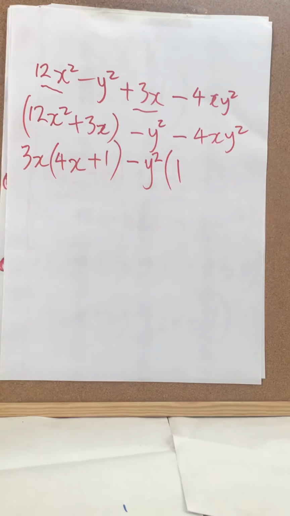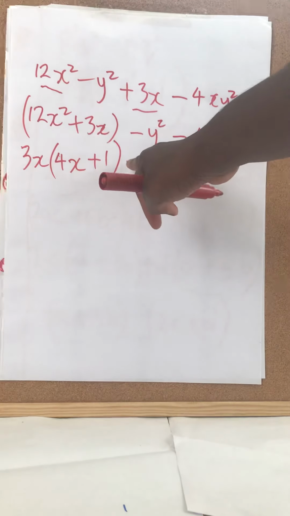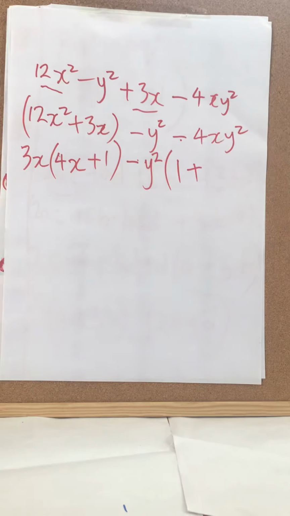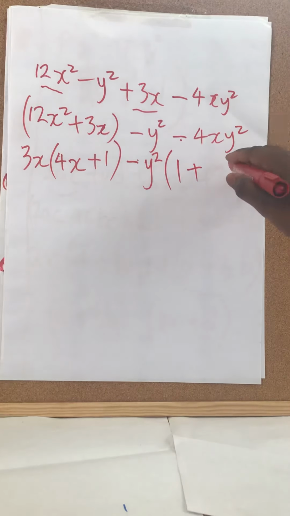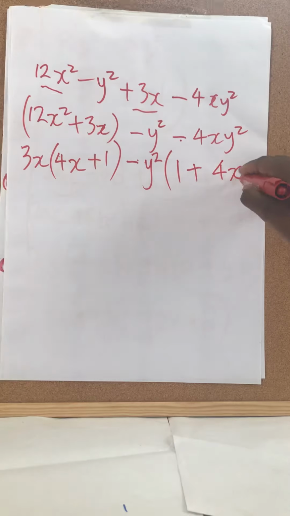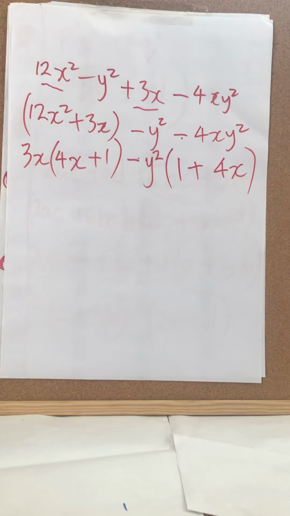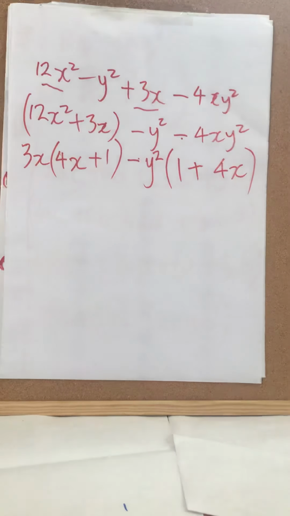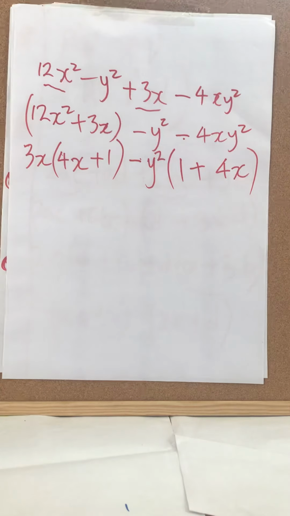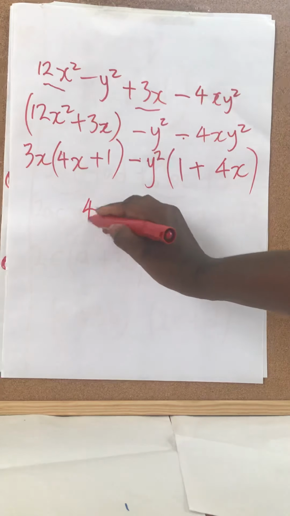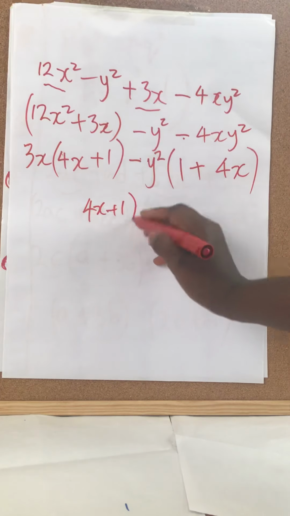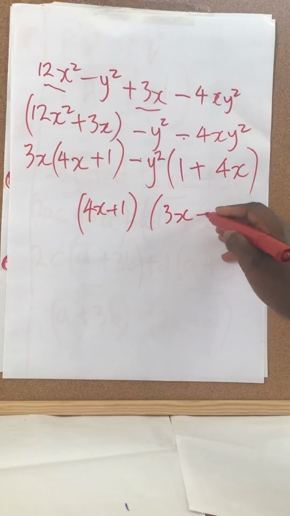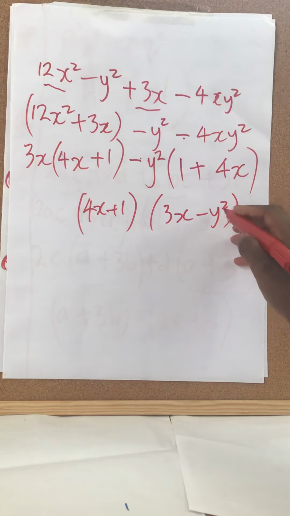So it's 1. Remember, it's a minus y squared. So this one will be plus, because minus times minus is plus. 4x. Did you see? We have the same thing inside the bracket. 4x plus 1, 4x plus 1. So my answer would be 4x plus 1 and 3x minus y squared.